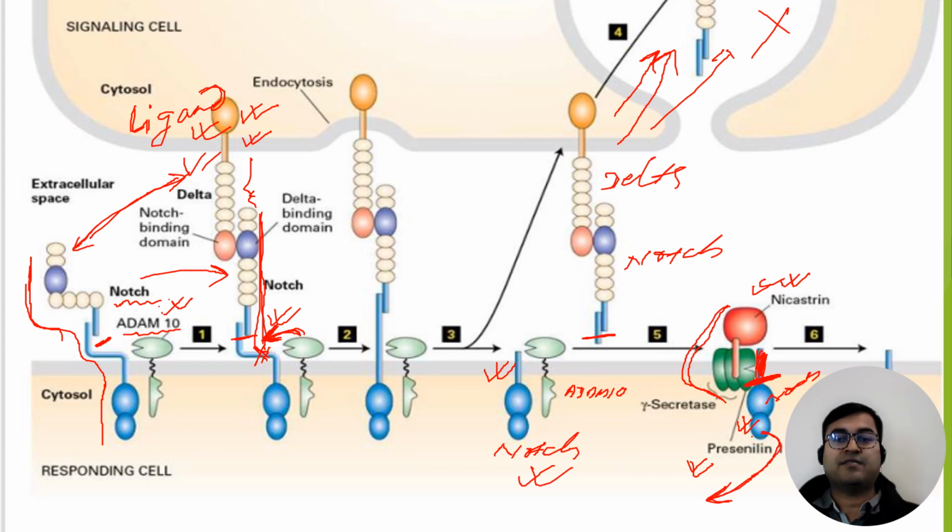And when this notch fragment goes into the nucleus, it binds to different transcription factors inside the nucleus, and along with other transcription factors, it is going to affect the target gene.